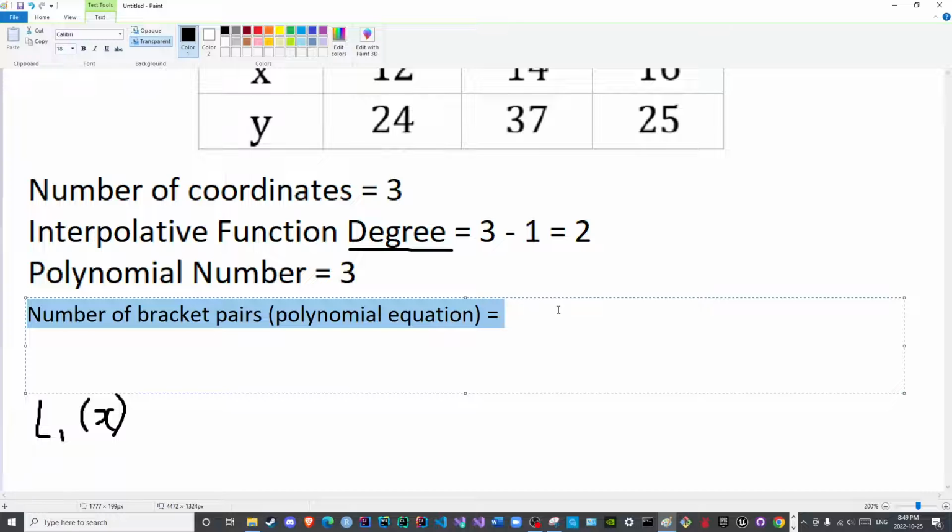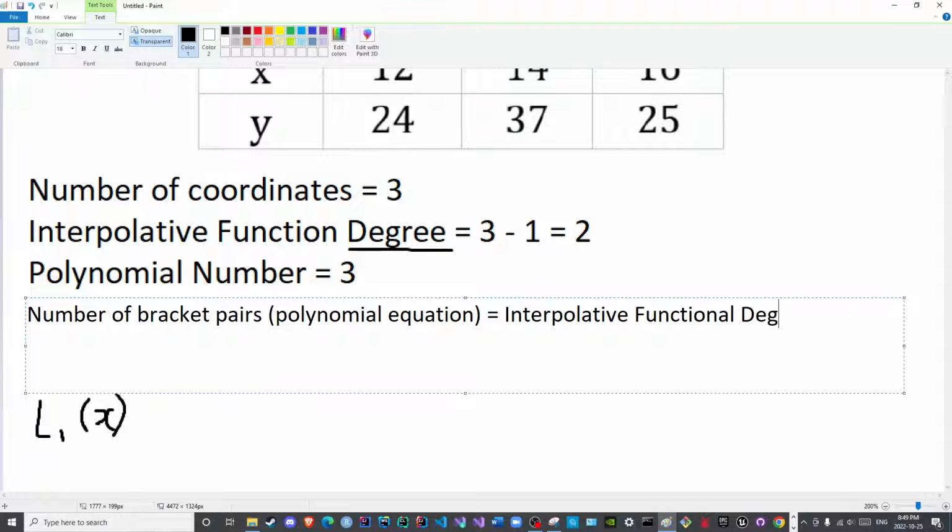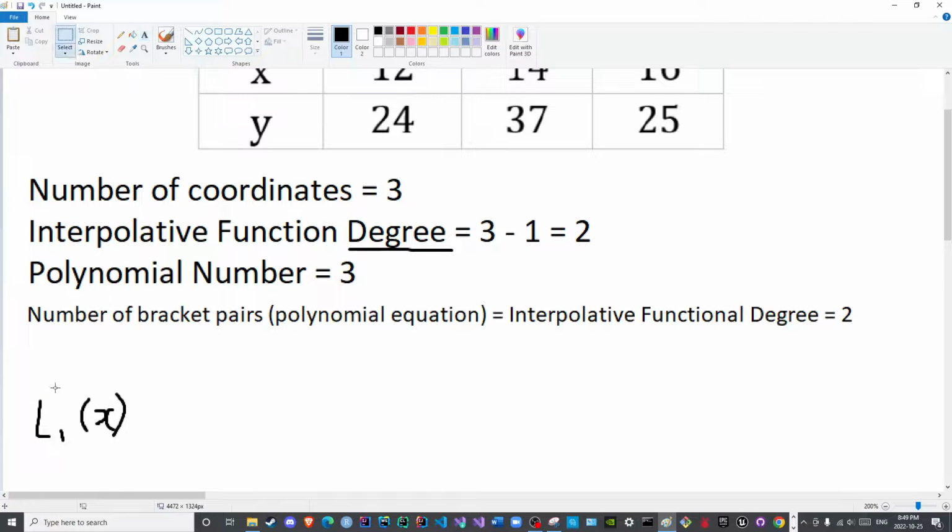It is equal to the interpolative functional degree, which is equal to 2. Knowing this, how many pairs of brackets will I use for this equation? I will need one pair and then another pair.